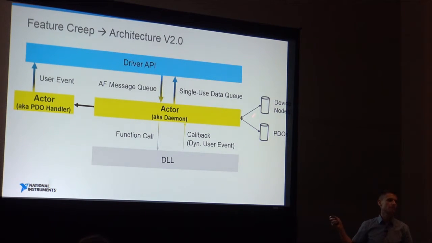If it is, it will return the PDO. Otherwise, it'll be a timeout. And in case you're doing the dynamic PDO transmission, it just won't be sent if the device node is not available anymore. Cool.